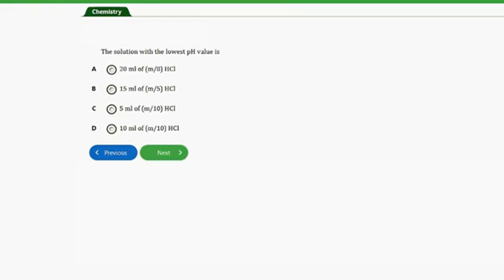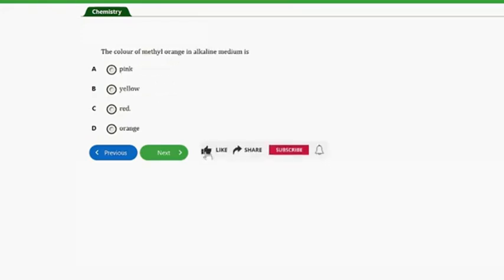So guys, the one with a higher concentration here is option B, and that's M/5 HCl, and that's the acid with the highest concentration, and that's the one that will have the lowest pH. So guys, let's quickly check out the next question, and that's question number 5, guys.